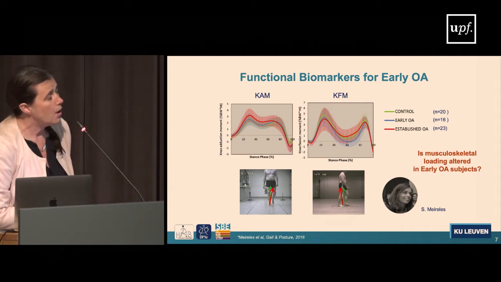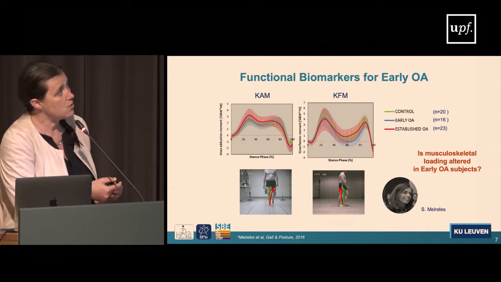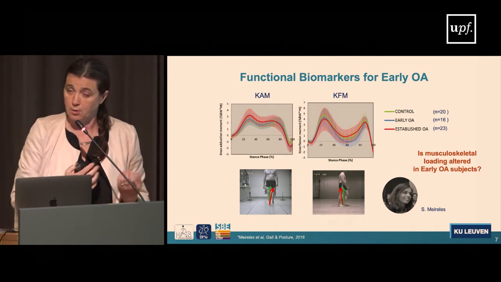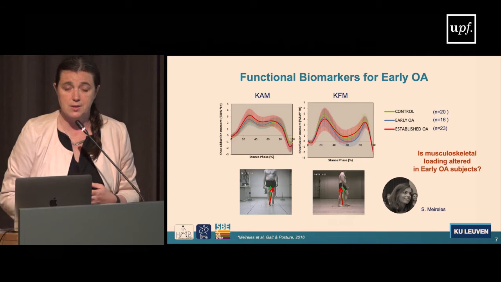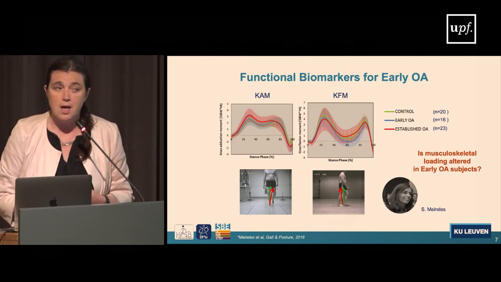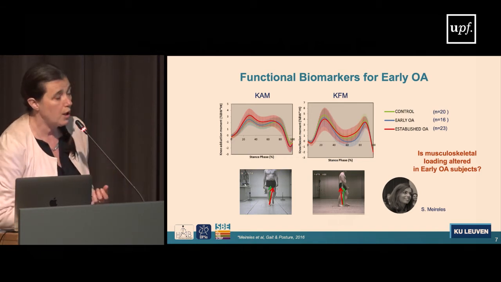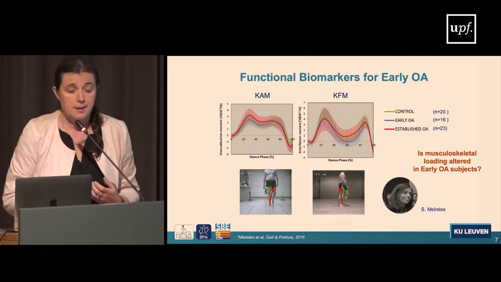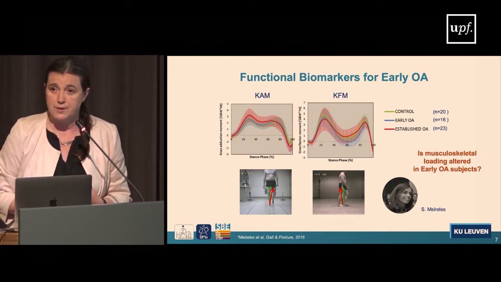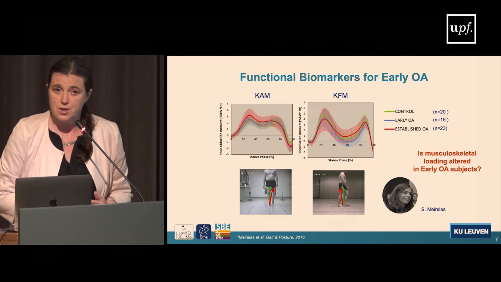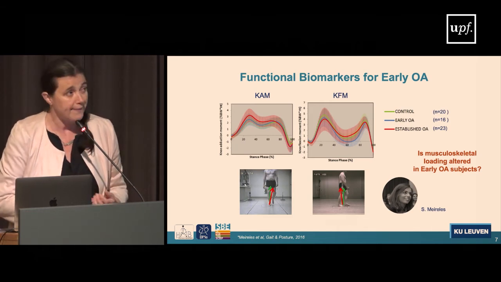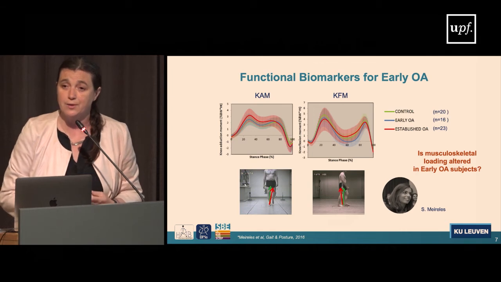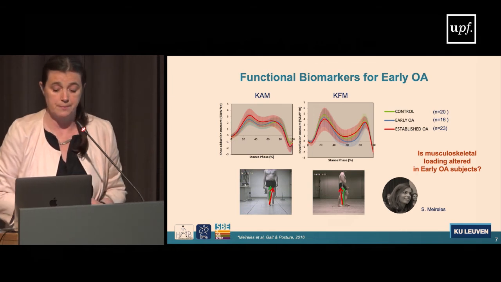And what we see when we look at these external joint moments is that we can adequately separate between control subjects and subjects with severe osteoarthritis, but that the joint moments do not allow us to identify these early OA subjects. So in these patients in the early stages of the disease, the structural progression is not yet there, and therefore these joint mechanics cannot identify altered loading in these patients.